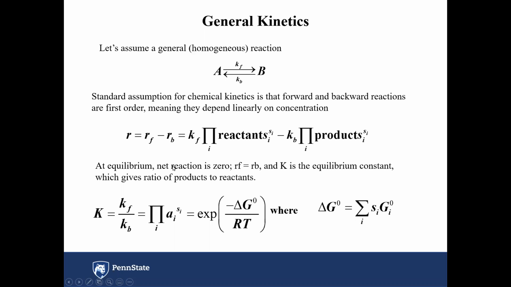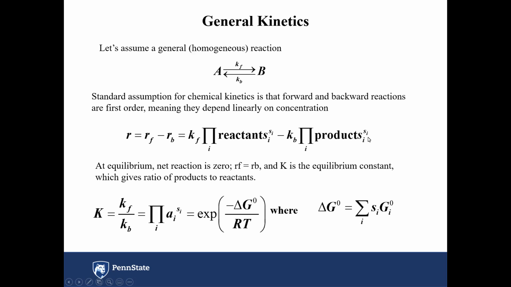And at equilibrium, we will have our net reaction equal to 0. So that means the forward reaction flux is equal to the backward flux, right? And K is the equilibrium constant, right?